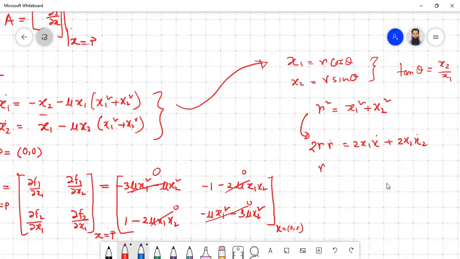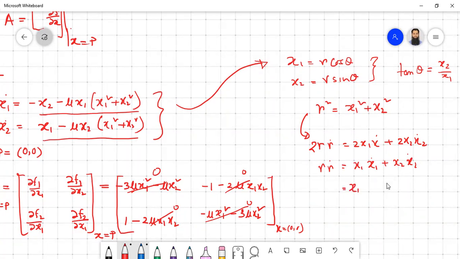So 2 can be cancelled out. What we are left with is r r dot equal to x1 x1 dot plus x2 x2 dot, and the x1 dot and x2 dot values are available here. So let us just replace the values.